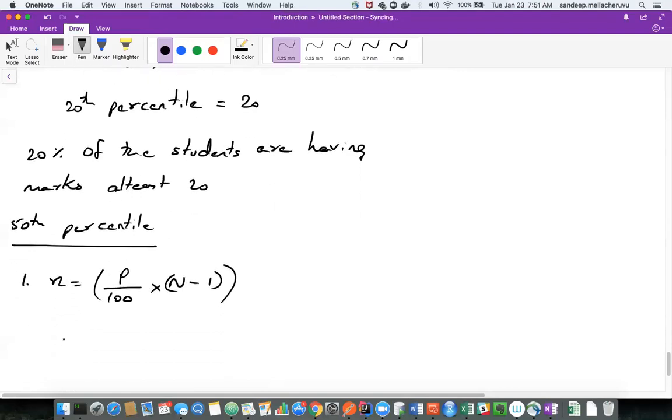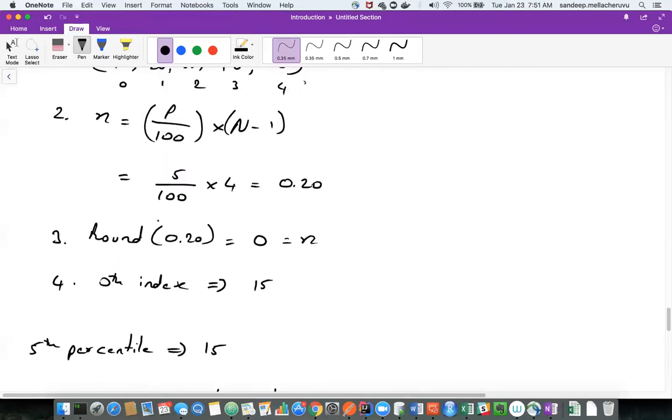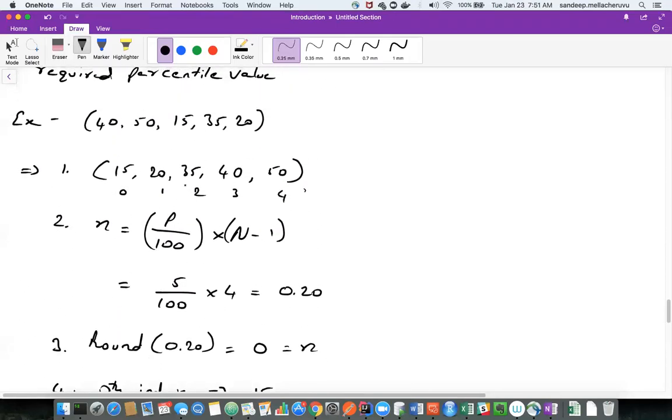Hence, the index value is 35. Let me go back. Yeah, index value is 35. You're right. So 50% of the students are having marks of at least 35.